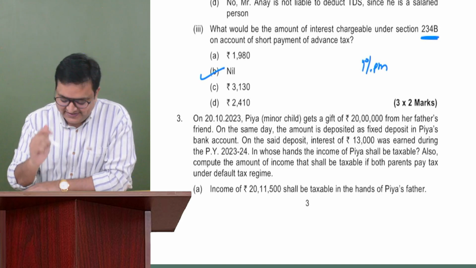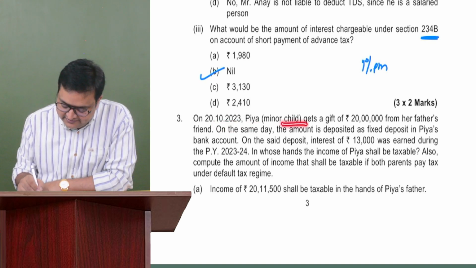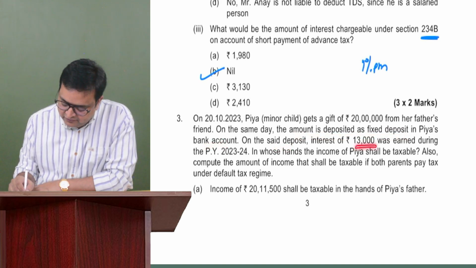Keep on practicing. On 20th October 2023, Priya, a minor child, gets a gift of 20 lakh from her father's friend. On the same day, the amount is deposited as FD in Priya's bank account. On the said deposit, interest of 13,000 was earned during the previous year 23-24.